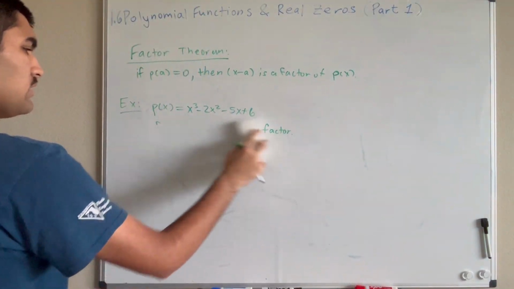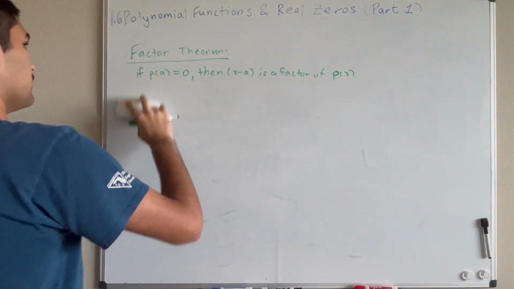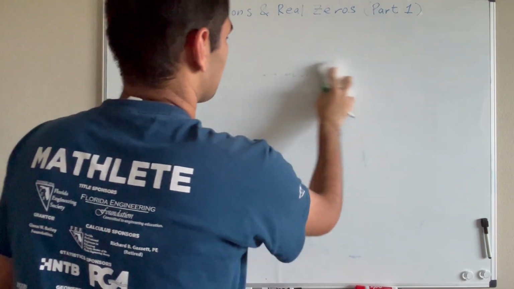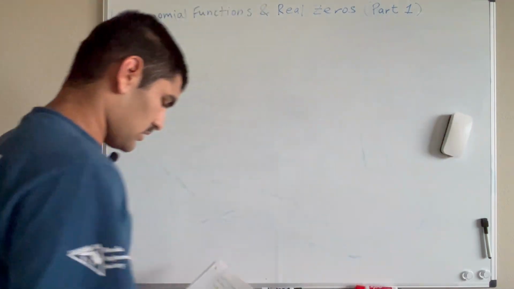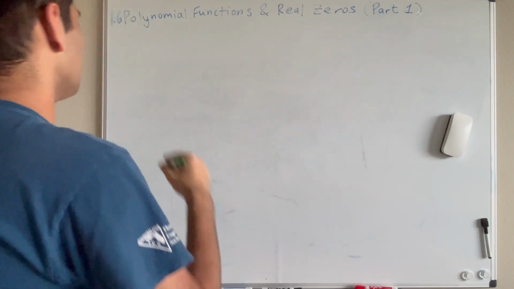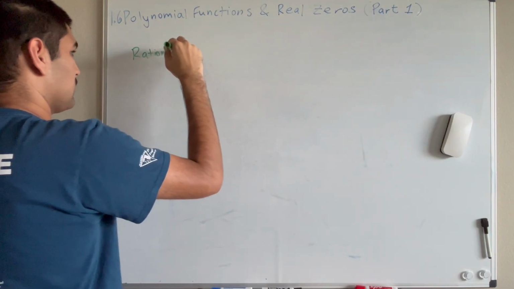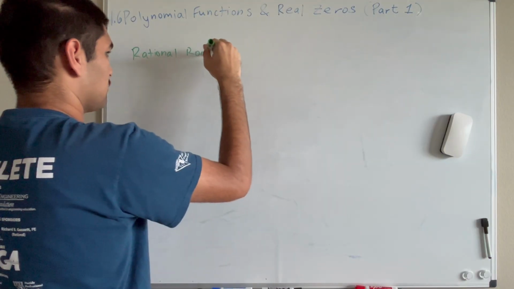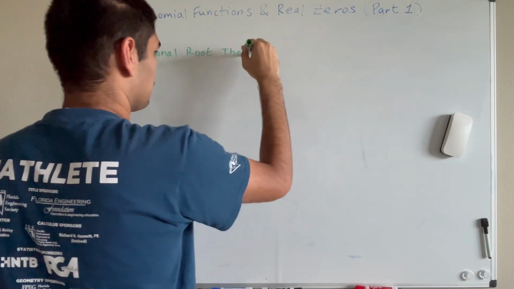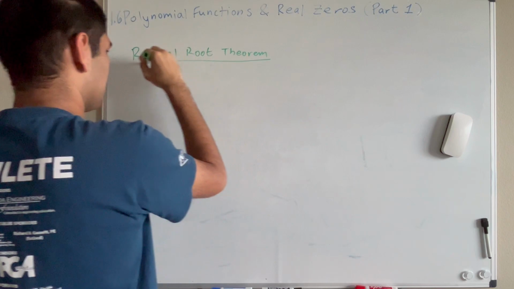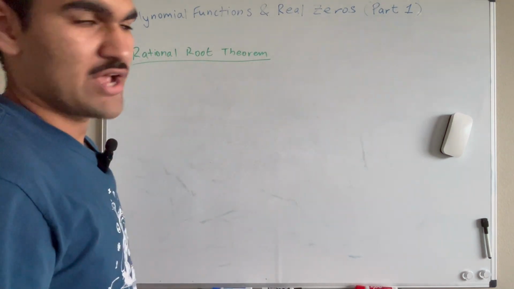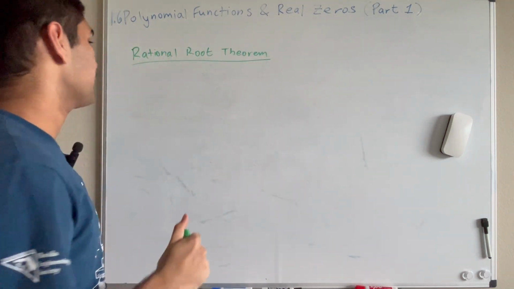So now let's introduce the next theorem. The next theorem is called the rational root theorem. It can also be called the rational root test, but it means the same thing.